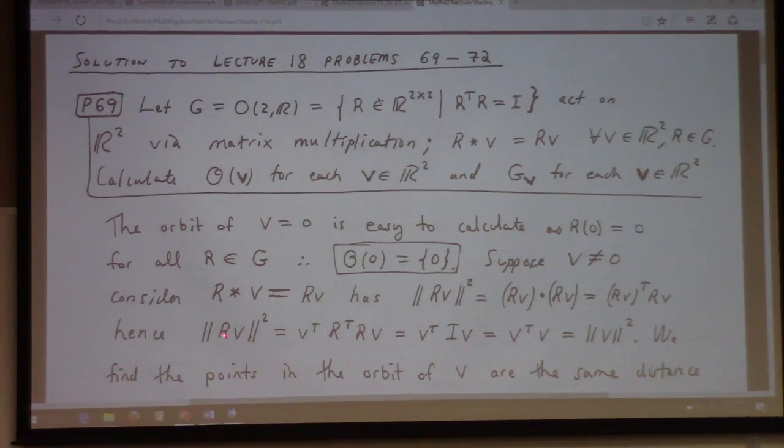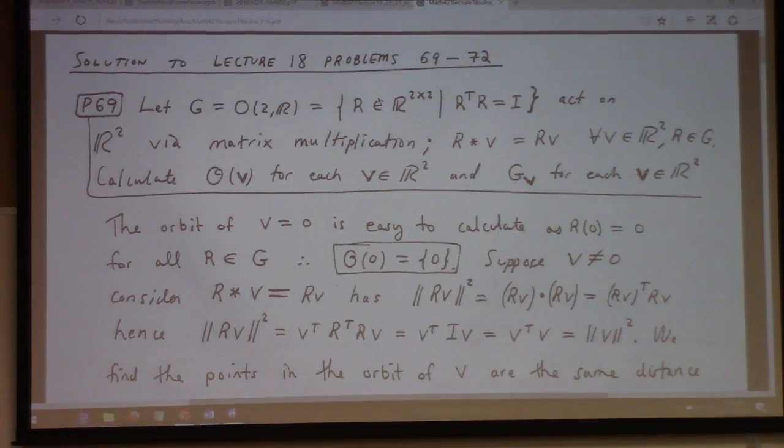So the distance from the origin of rv is the same as the distance from the origin of v. That says the image rv lies on a circle with radius the length of v. The distance from the origin is the same for the moved point as for the initial point. That says the orbit lies on a circle. Or if v is equal to 0, it stays put.